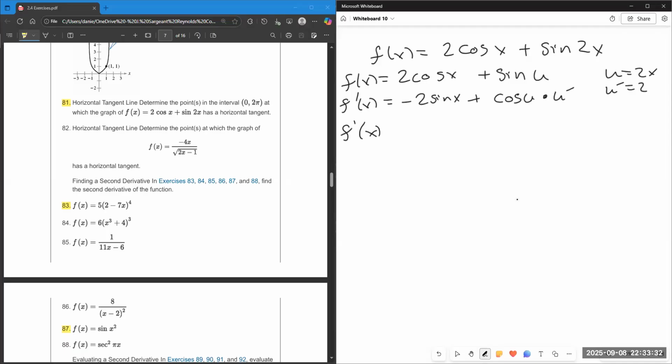F prime of x is negative 2 sine x plus 2 cosine 2x, which is exactly what we just had with all those identities and everything that I was doing just a minute ago. So we want to find where this is equal to 0.